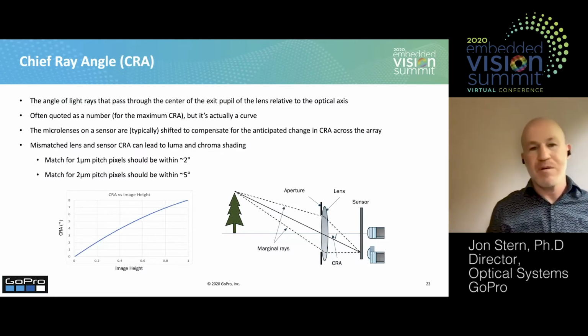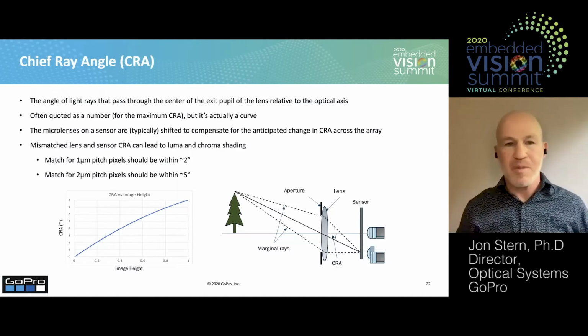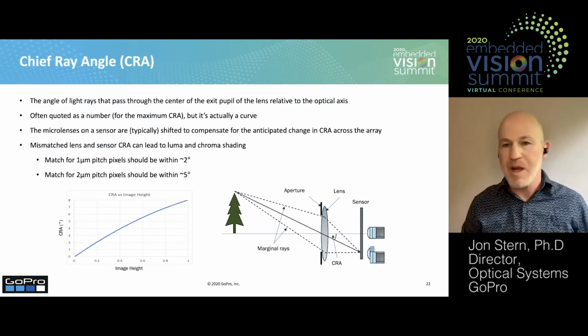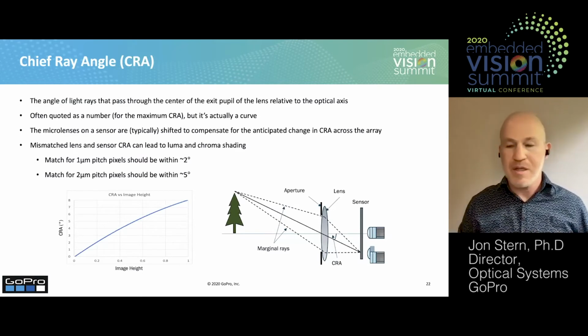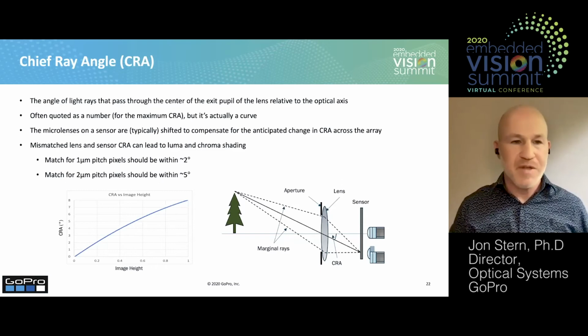And in fact, in mobile lenses, it reaches a peak at about 80% image height and then drops back down, so it's non-monotonic. The image sensor will typically offset the position of the micro lenses to compensate for the anticipated change in CRA across the image produced by the lens, and that stops or minimizes the drop-off in sensitivity.